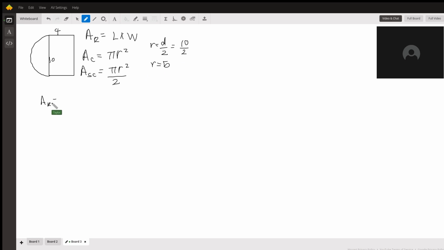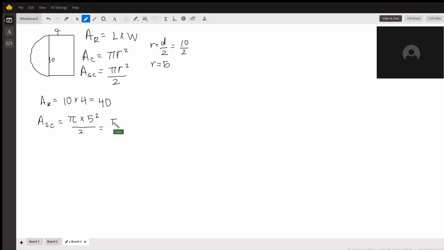So the area of the rectangle is going to be 10 times 4, which is 40. And the area of the semicircle is going to be pi times the radius, which is 5 squared. So 5 squared divided by 2.